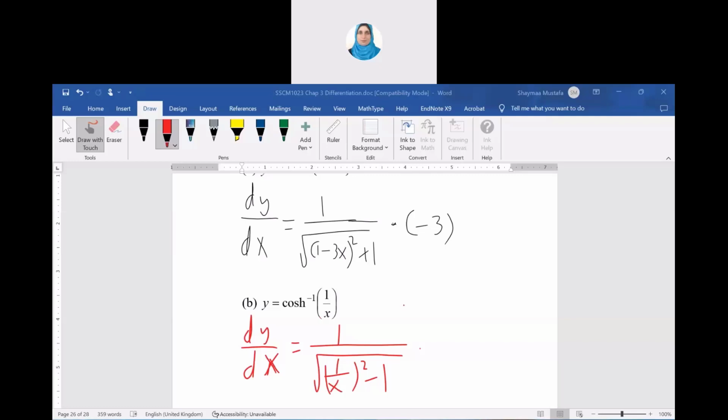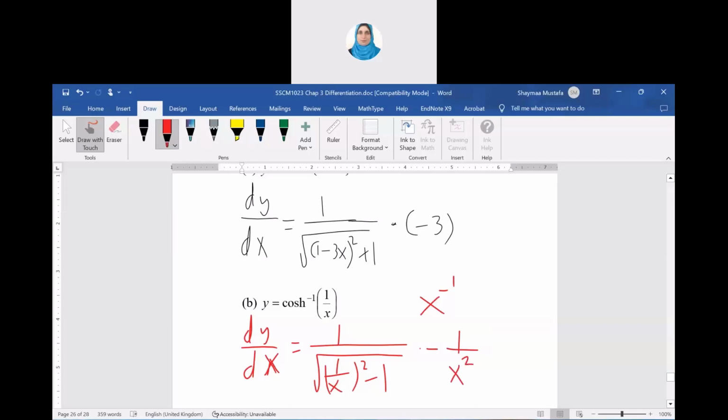The derivative for ln x equals 1 over x, but the derivative for 1 over x is not ln x. This can be done as a power function: x to the power minus 1 is your function. As a power function, the derivative will be minus x to the power minus 2, and we write it as minus 1 over x squared.